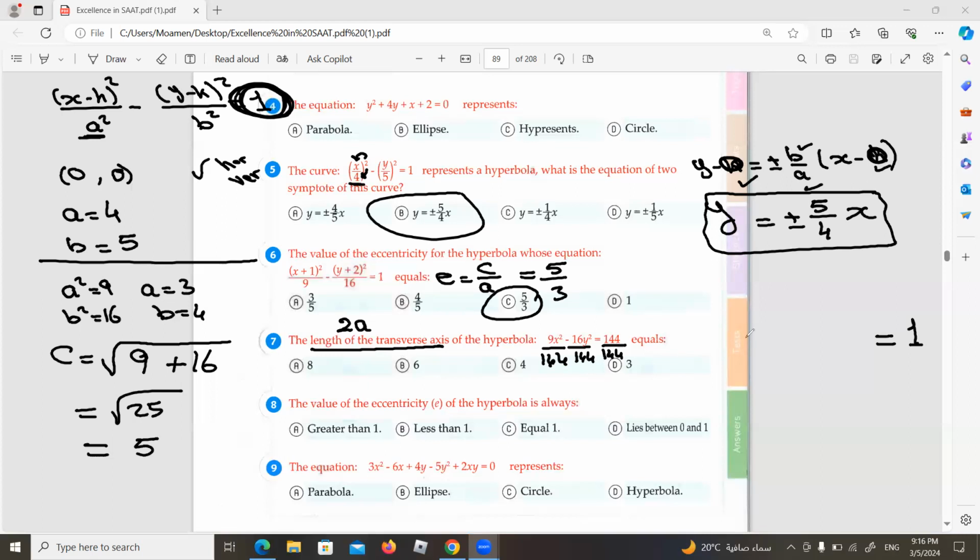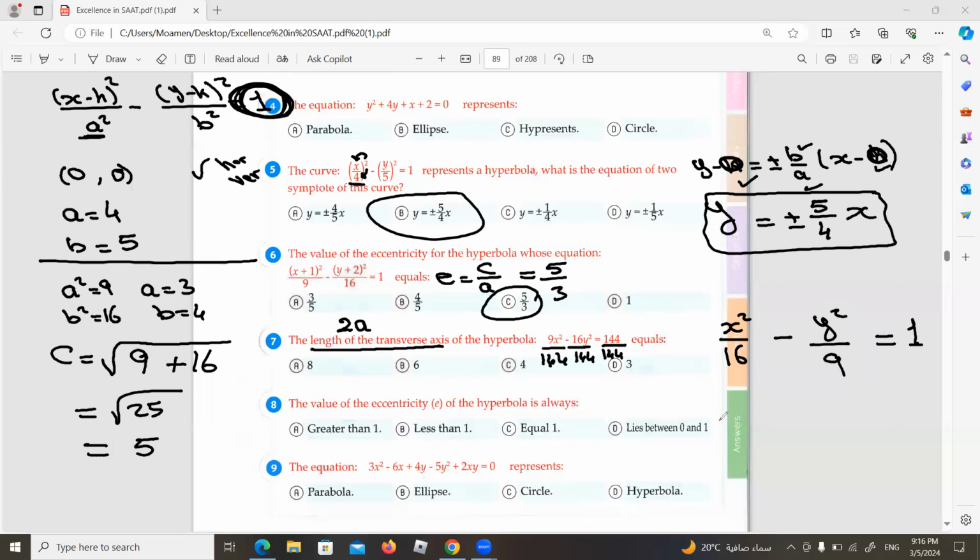It's equal to 16. So x squared over 16 minus 144 divided by 16 equals what? It's equal to 9, the opposite. So y squared over 9.